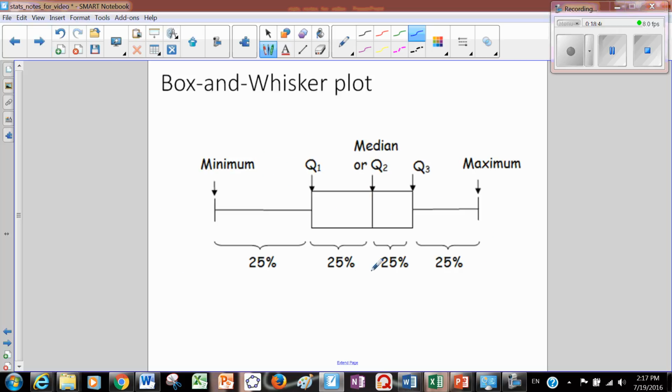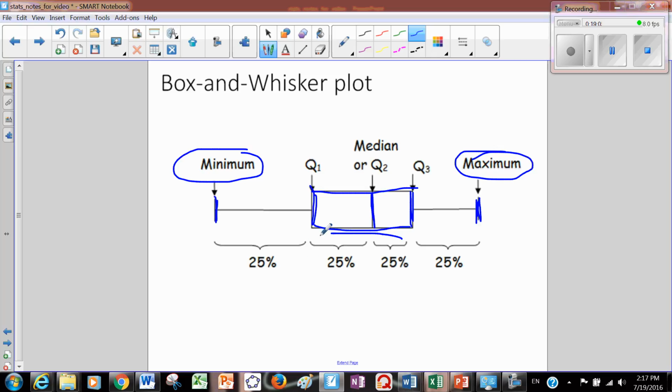So you can see what the box and whisker plot looks like. You're going to need your minimum, your maximum, and those we represent with a line. You're also going to need your Q1, Q2, Q3 as a line, and then you're going to make a box around the middle part. The middle part is 50% of our data, and then you're going to need lines on the 2 other sides.